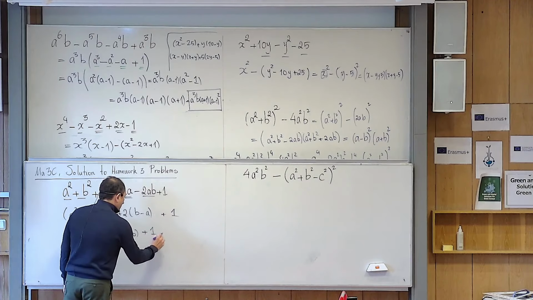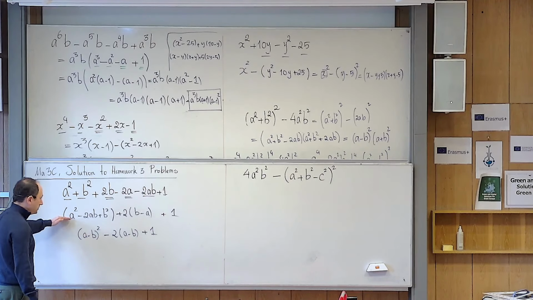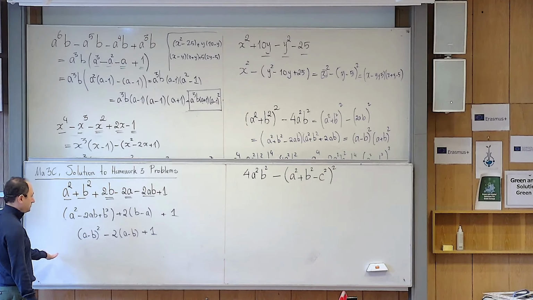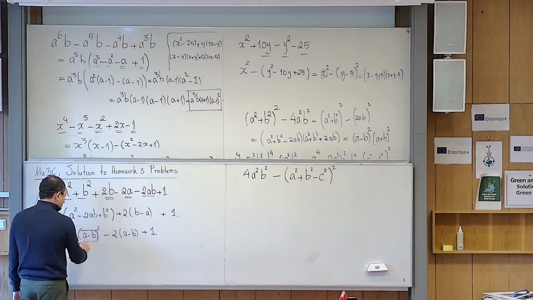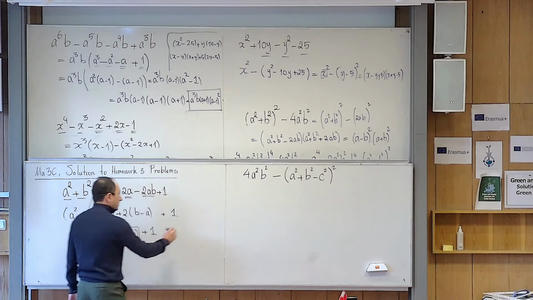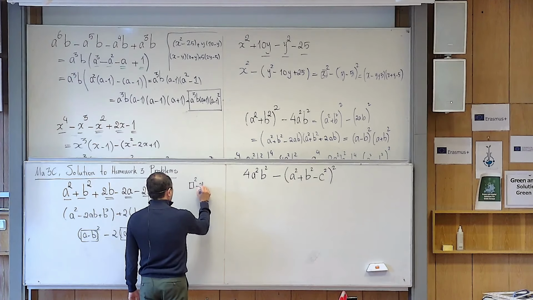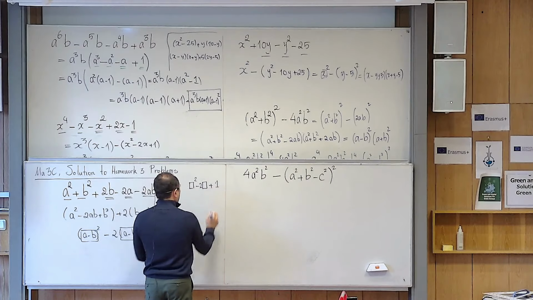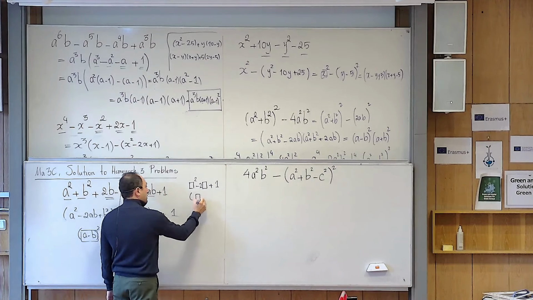Now this is the only new part to it. Of course, grouping was new, but this one is new. Can you see the pattern now? Yes. What pattern is that? Square. This is a squaring pattern, but this is playing the role of the box. If I just write box squared minus 2 box plus 1, can you see immediately this is box minus 1 squared?